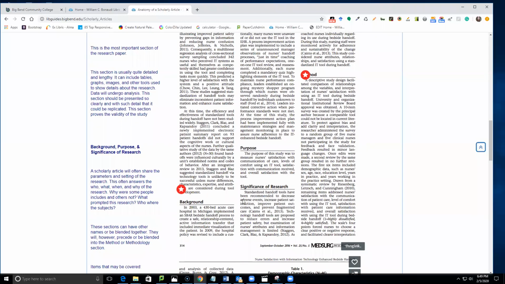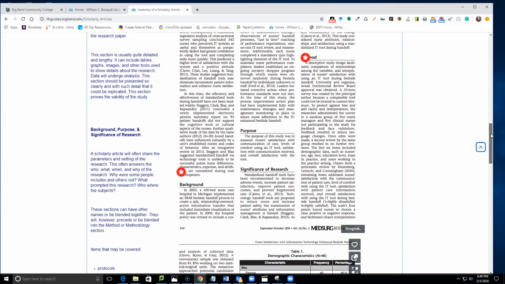And sometimes these are sort of bound together, but definitely you'll be looking for something called method. And this is the really, really important part, because sometimes your professor will want you to find a narrative or quantitative or qualitative article. And this method shows you how they set up their design, how they did it. A lot of times you'll see their survey questions.